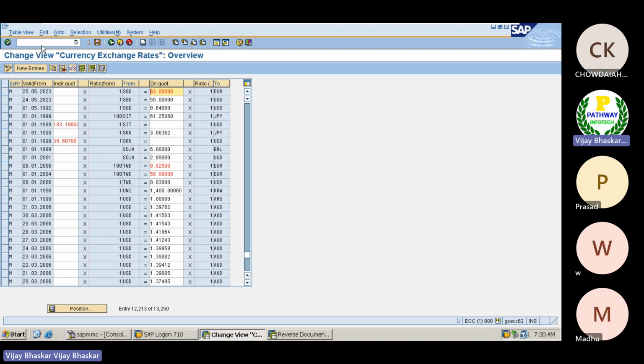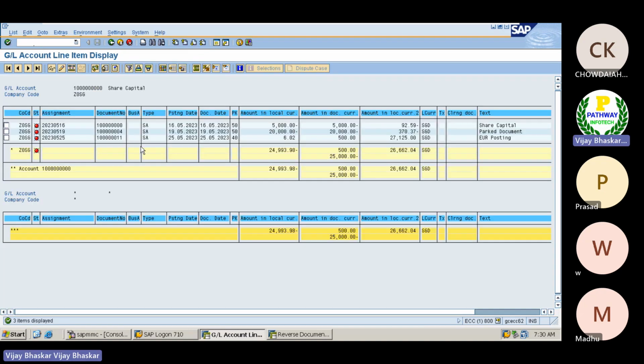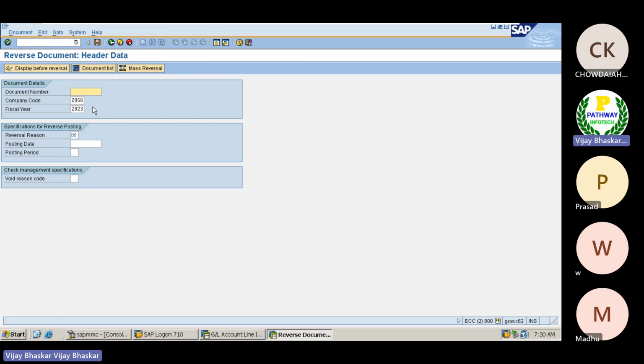You can decide which document you want to reverse before reversing. Now I want to reverse this document, the document number which I have posted wrongly. Let us assume I want to reverse this document. Then give the document here.